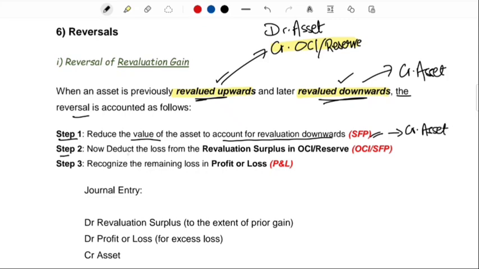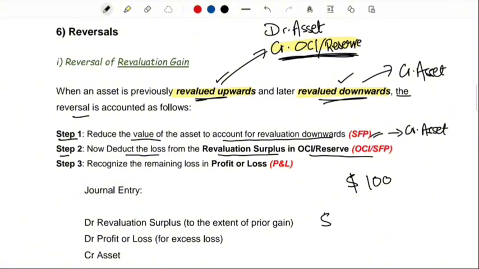Step number 2, now deduct the loss from the revaluation surplus in OCI or the reserve account. So for example, the revaluation downwards in this year has produced a loss of $100. What you should do now is go to the statement of changes in equity and see how much gain was sitting in the reserve account, which I had recorded in the previous period.